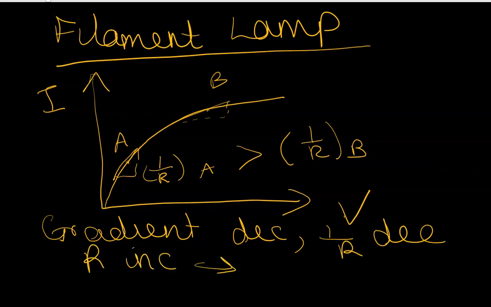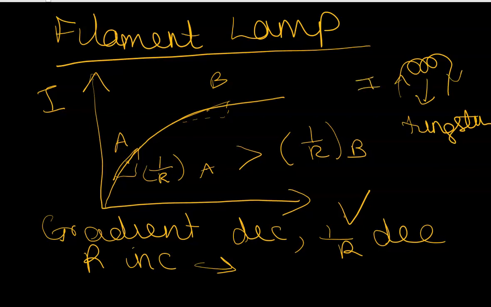Now what you find here is that in a filament lamp, you have a material called tungsten being used in the filament. And what happens is that as your current flows through this tungsten wire, it causes it to get hot. And when tungsten becomes hot, it begins to glow.